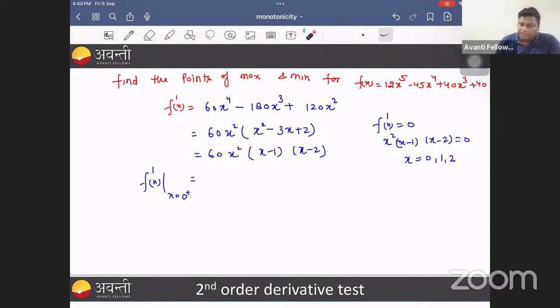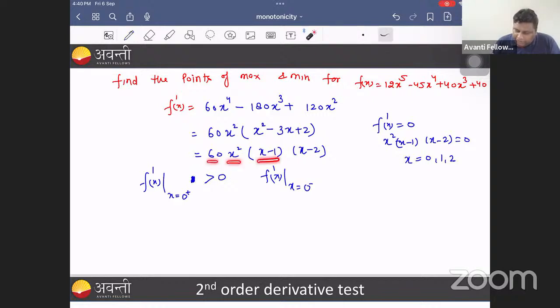Now see carefully, in the right of 0: 60 positive, x square positive, 0 minus 1 negative, 0 minus 2 negative. So ultimately this is going to be more than 0. Got it? And f dash x in the left of 0, like take minus 0.001, what will happen?